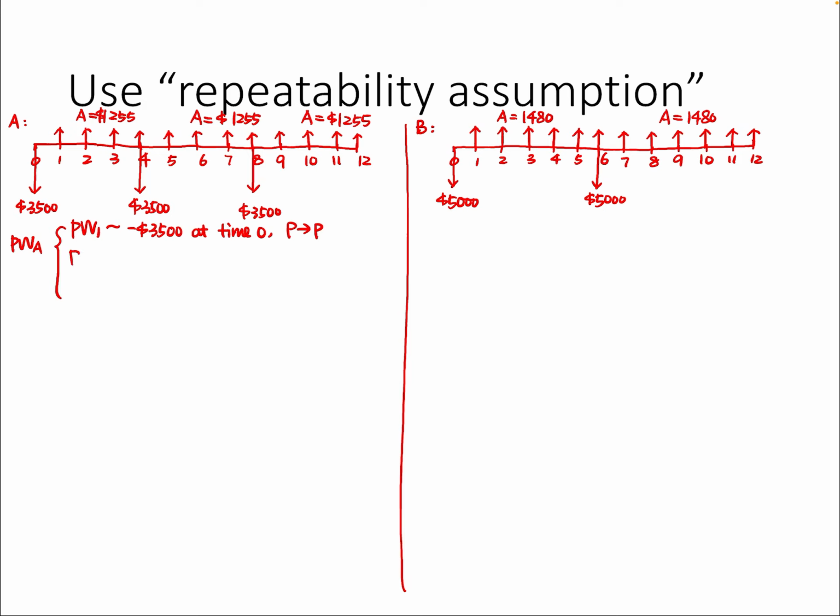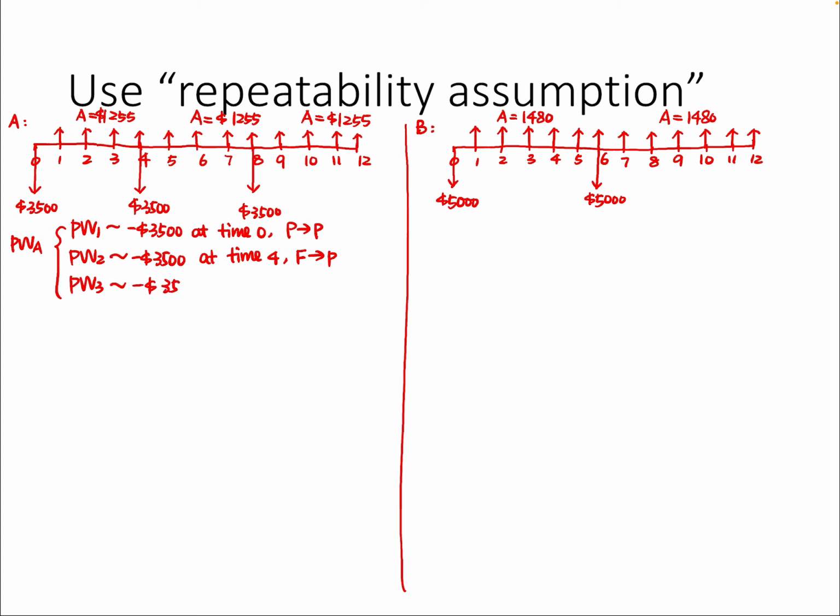And you want to convert the present worth to present worth. PW2 is the other 3,500, but it's at time 4. So it's a future value to be converted to present value.